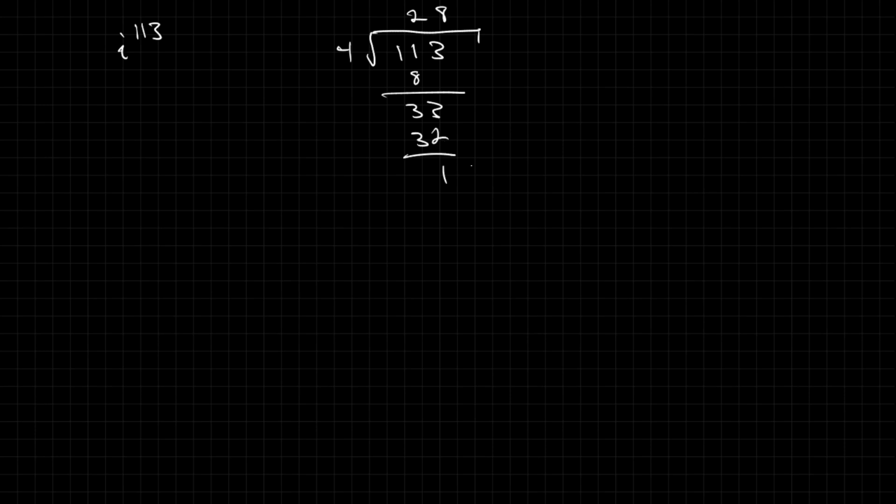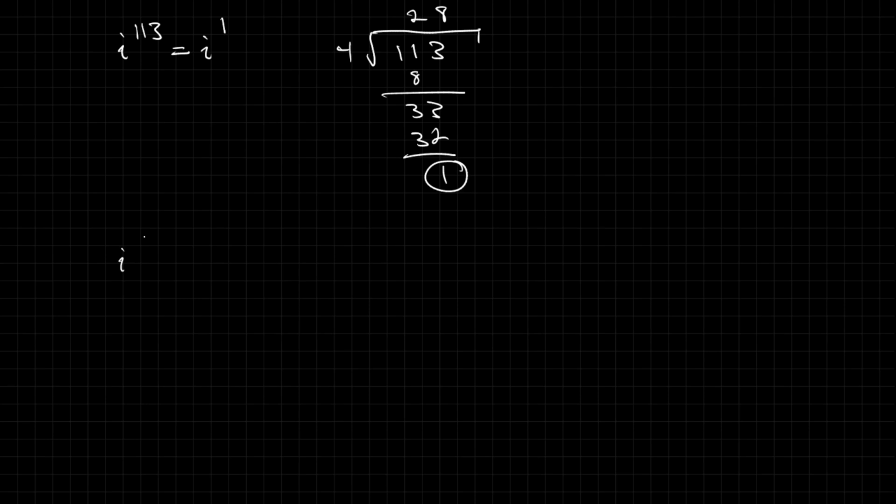If you had a different example, something like i to the, let's say, 113 power, and you wanted to know what this is, you could take 113 and divide it by 4. 4 times 2 would be 8, we get to 33 here, 4 times 8 would be 32, and our remainder would be 1. Since our remainder is 1 when dividing by 4, this is the same as i to the first.